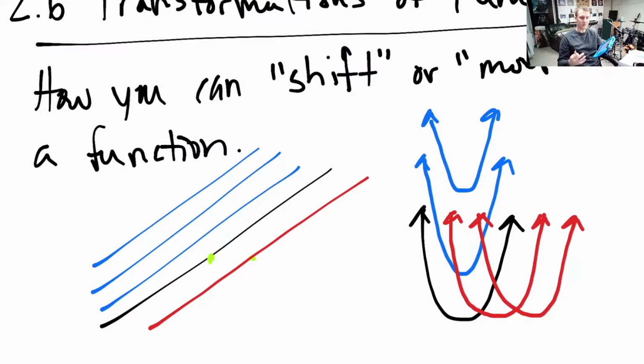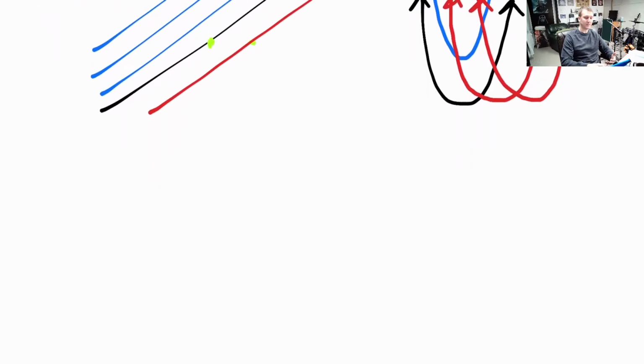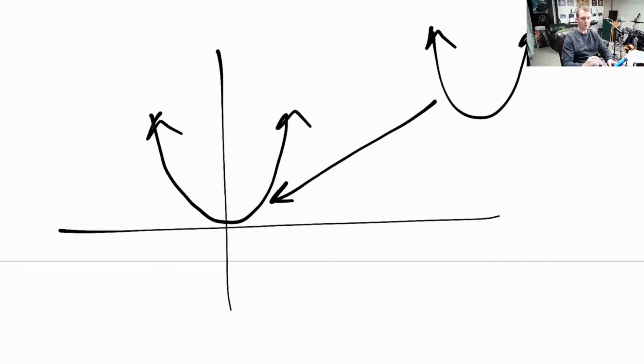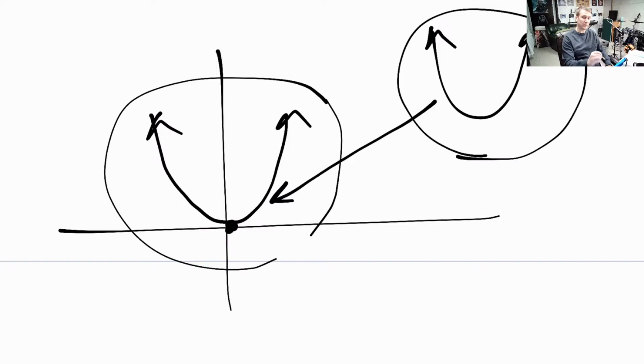So these are the first topics that we're going to talk about. And as you can see from what I said before, if you learn how to shift appropriately, or if you learn how to undo shifts, then if you take any graph of a function, like say a parabola, something over here, if you can think about it as a shift of just your standard one, which is centered at 0, 0, and looks normal, if you can figure out that shift, then you don't need to worry about what this thing is, because it has the exact same properties as this one.